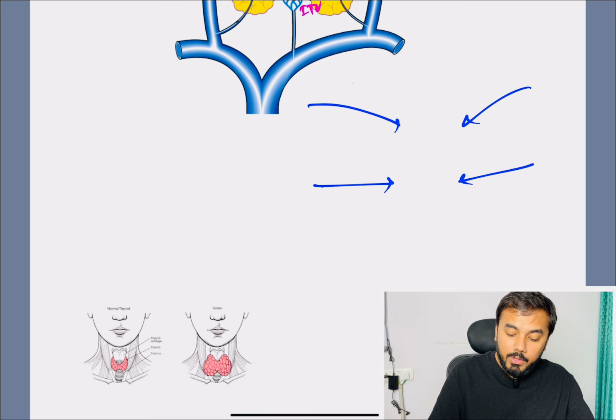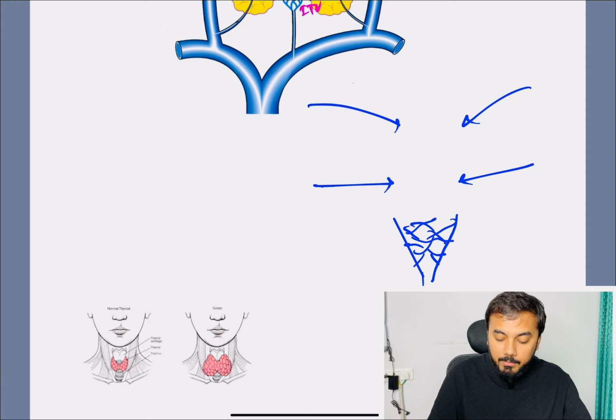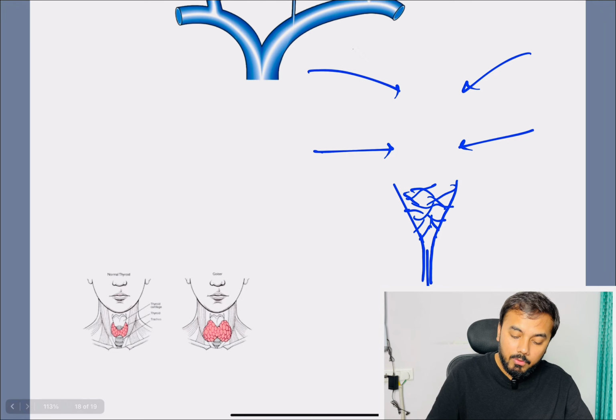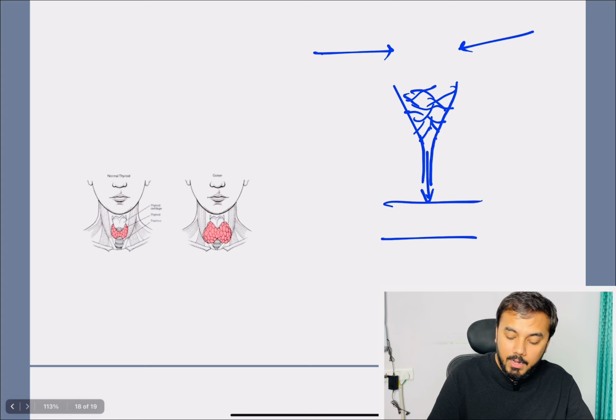Now, the inferior thyroid vein on the right side and the inferior thyroid vein on the left side together form a plexus like this. Together, as a single vein, they drain into a special vein over here. This is your left brachiocephalic vein.